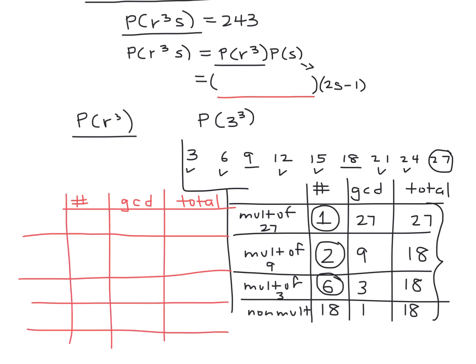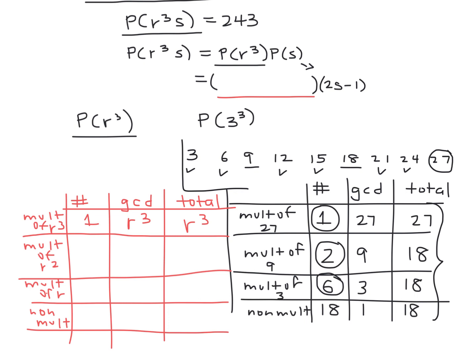What do we have? Multiple of R cubed, multiple of R squared, multiple of R, and non-multiple. So multiple of R cubed, there's only one of those, and the GCD will be R to the power of 3, so therefore this is R to the power of 3.